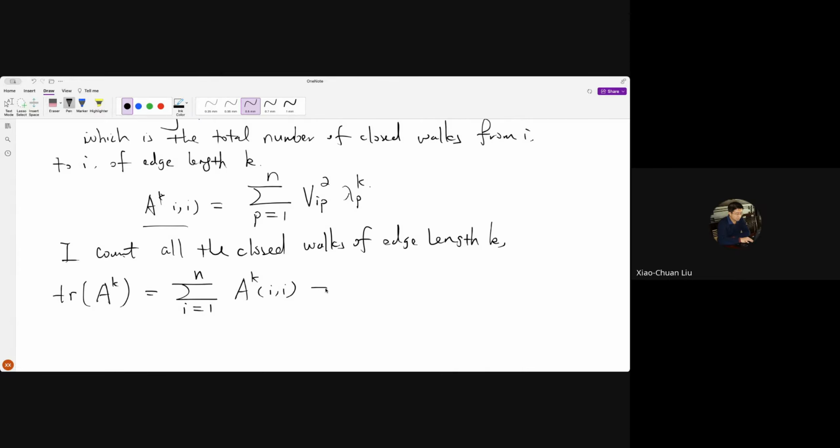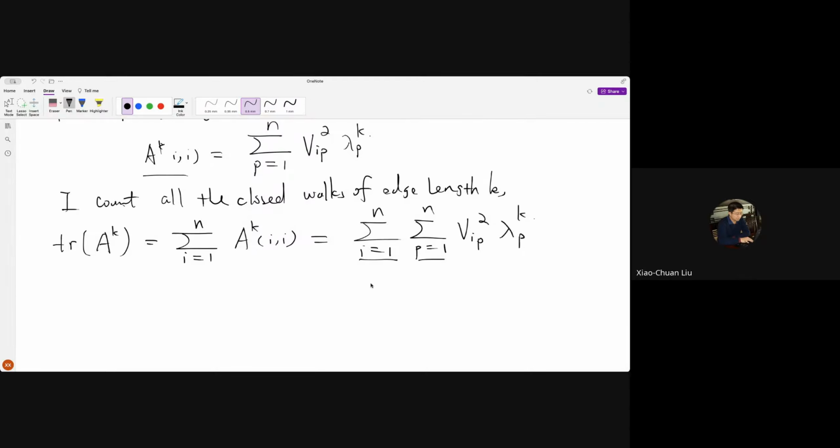So then I have i from 1 to n, p from 1 to n, this V_ip squared lambda p to the power of k. Somehow I change the order of these two sums, so it equals p from 1 to n, the sum over i from 1 to n of V_ip squared, times lambda p to the power of k.